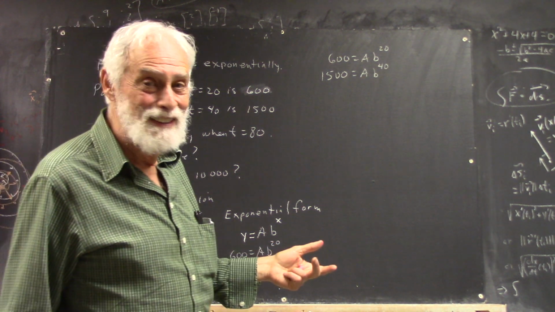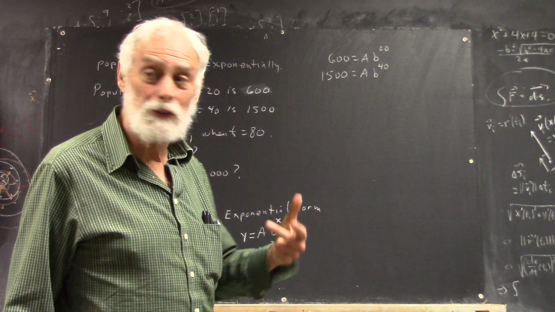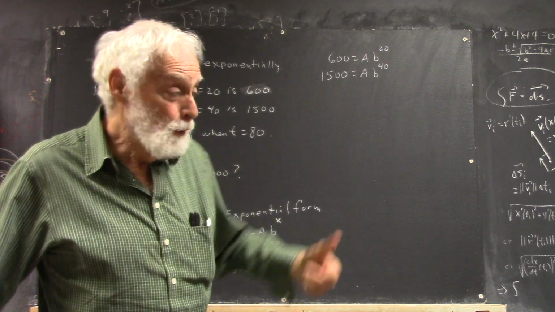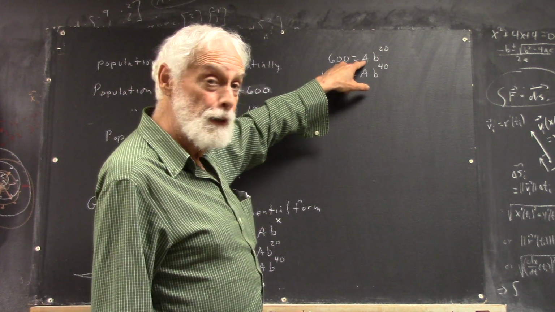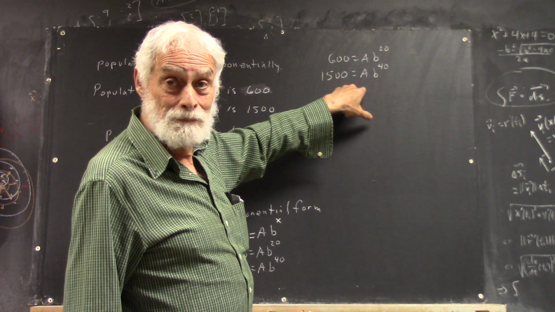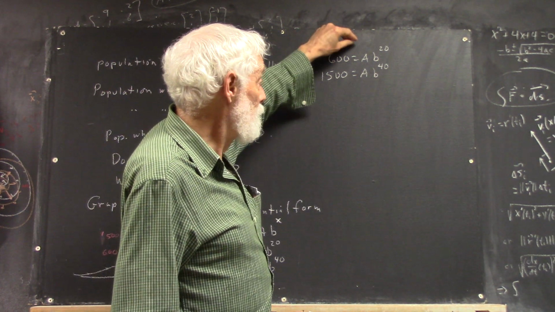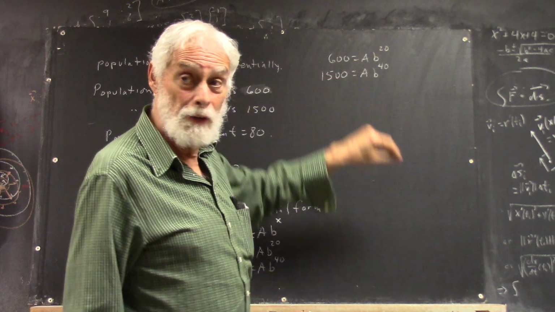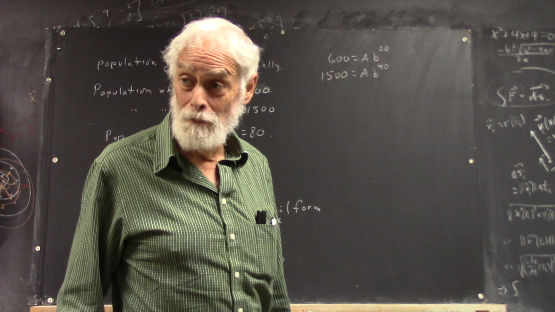It's probably not the best strategy. Either you solve for a and plug it in here, which easily leads to solution, or you divide one equation by the other, which will eliminate a.